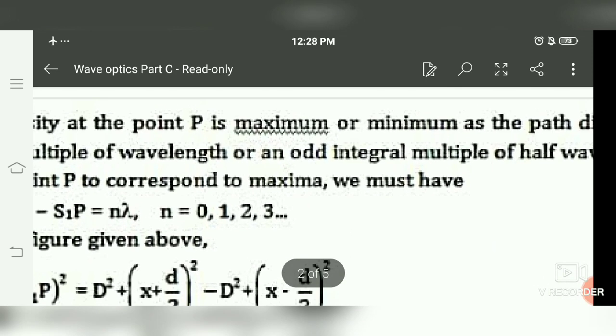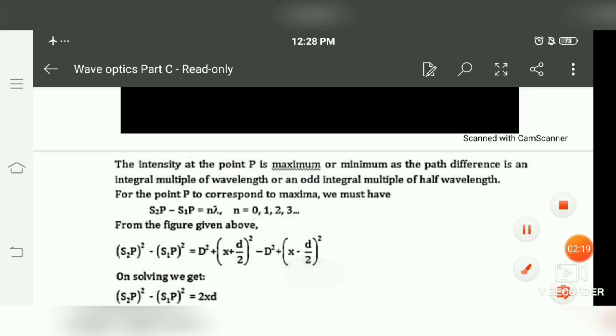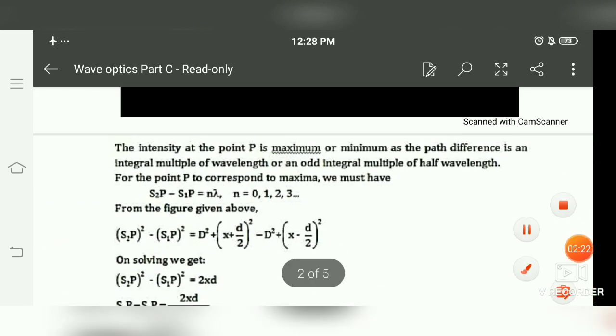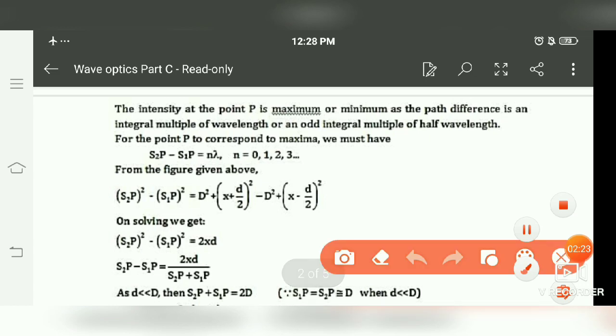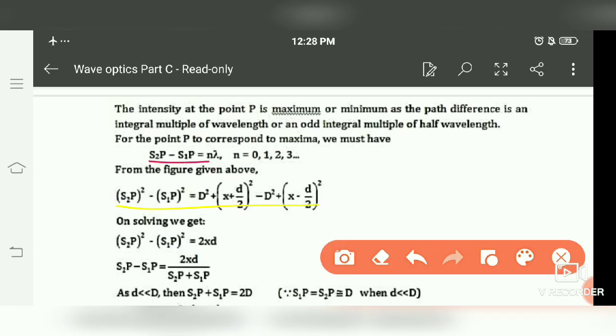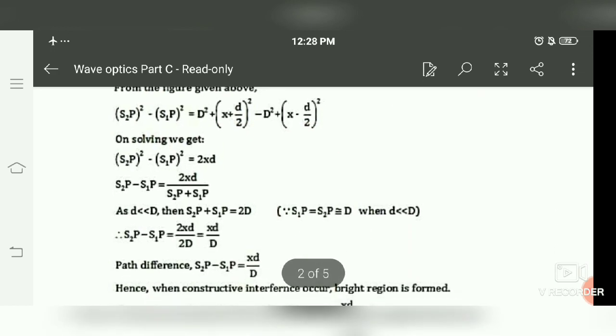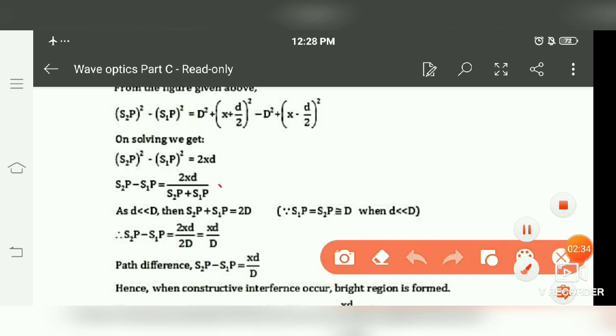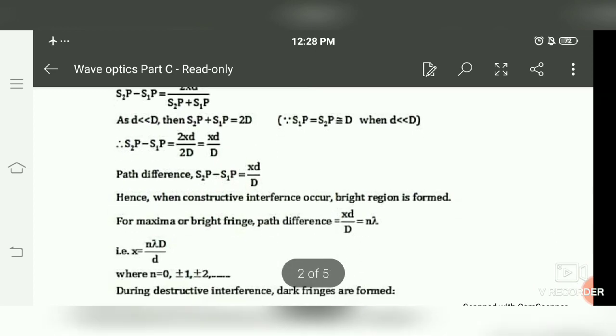Now, when we do the mathematical expression, we get the path difference for the wave approaching P from 1 and 2. The path difference will be the difference of these two waves. By solving these two, we get this result, which is the path difference between the two waves.